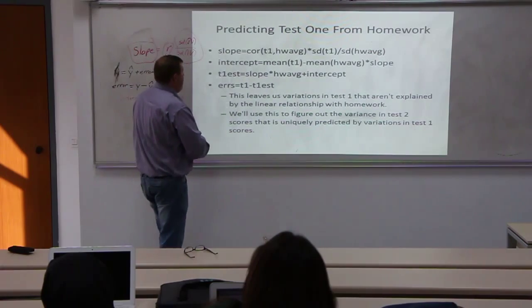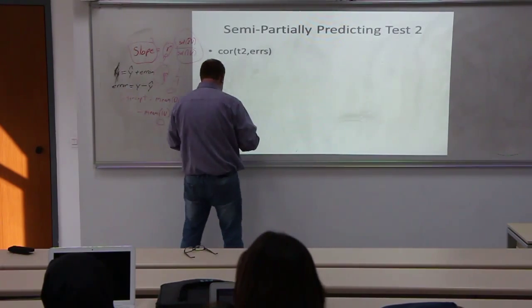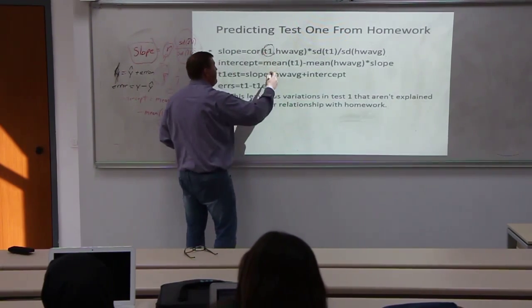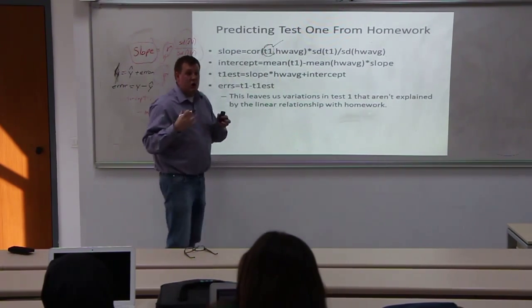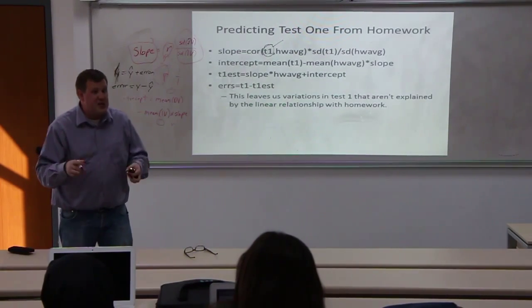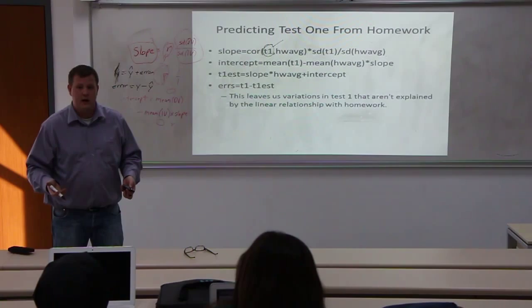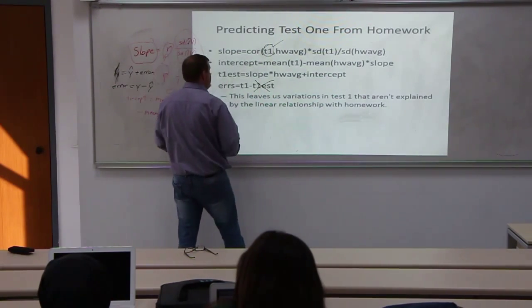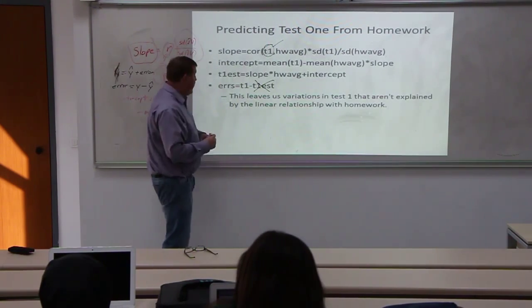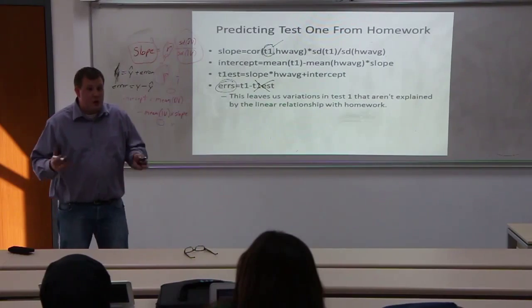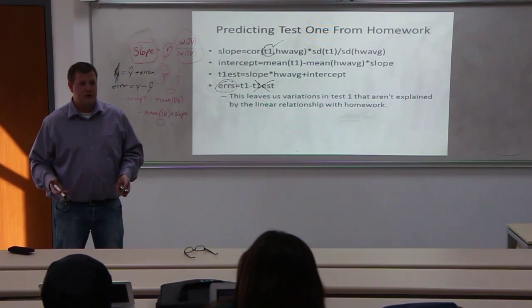When we had T1 by itself, this T1 includes variations that are associated with the homework and variations that aren't associated with the homework, right? So we got rid of the variations associated with the homework, and we were left with the variations that aren't associated with the homework. These are unique variations.